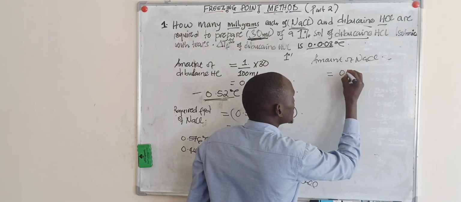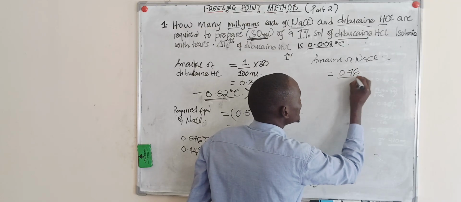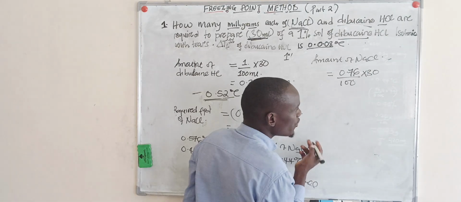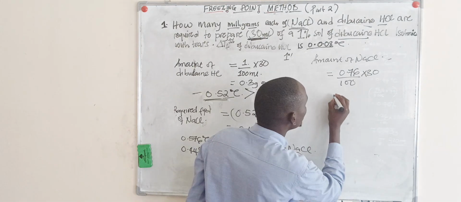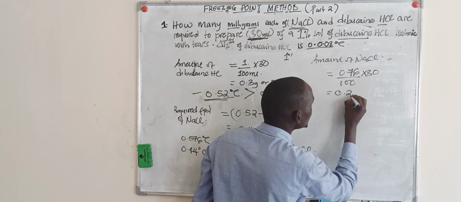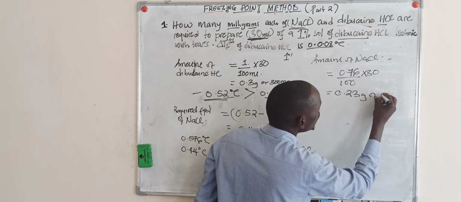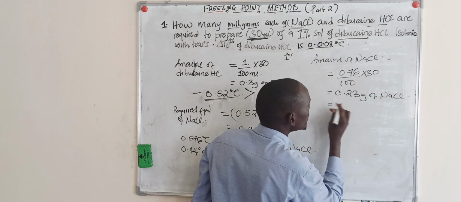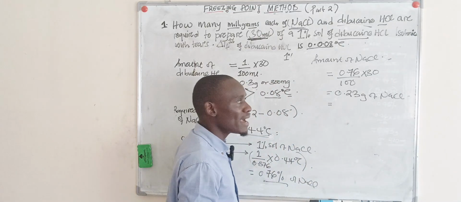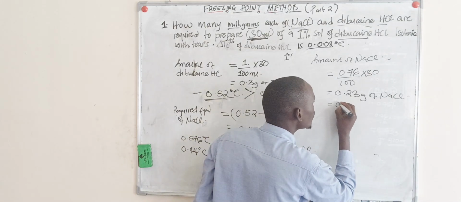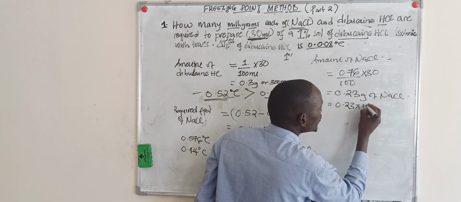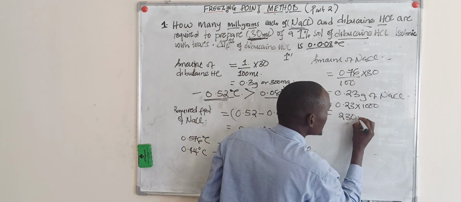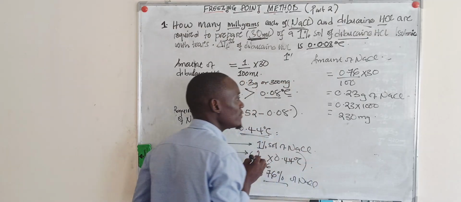So we shall say 0.76 is in 100. How about the 30, which is the required? And when we compute this, we are going to get 0.23 grams of sodium chloride. And when we convert this to milligrams, we simply multiply by 1,000. So we shall have 0.23 times 1,000, which gives us 230 milligrams of sodium chloride.